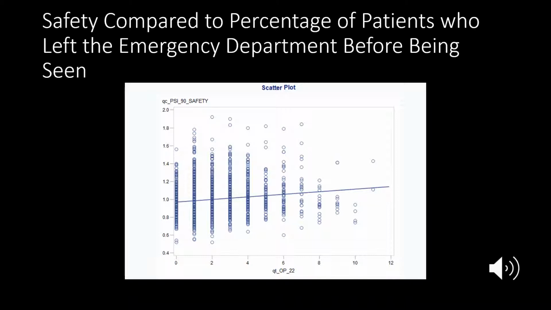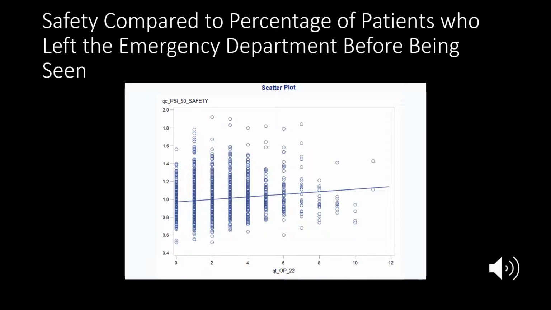In this slide, we included one of the bivariate graphs, and this graph compares patient safety complications to the percentage of patients who left the emergency department before being seen by a physician. Looking at this scatter plot, you can tell that the 2 variables have a positive relationship because the line is going up instead of down.